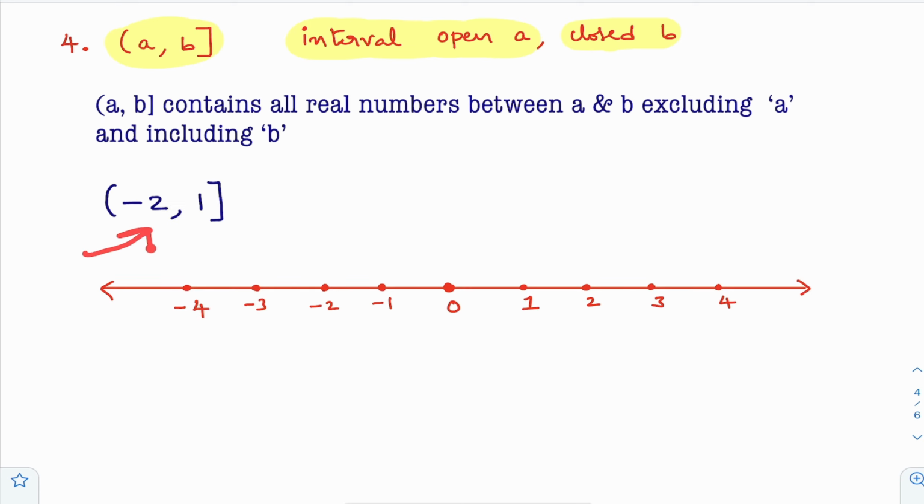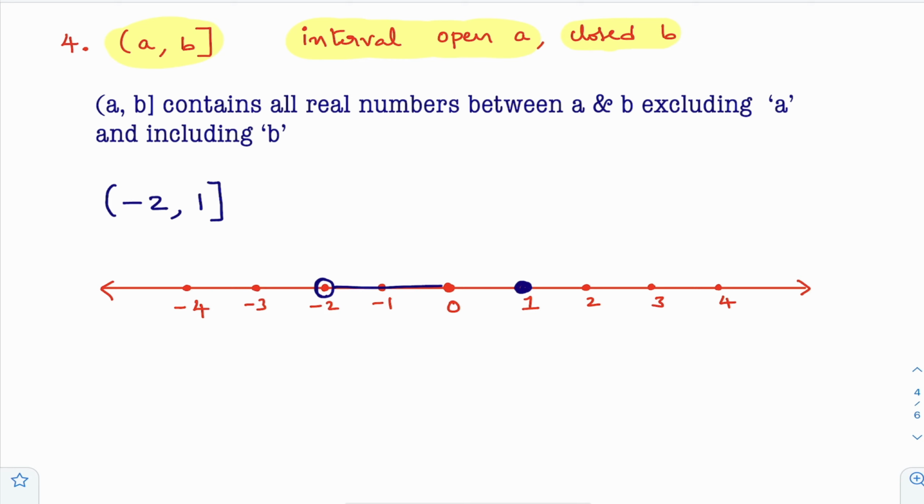You see this interval, how do you read it? Interval open -2, closed 1. You need to mark this on the number line. Open -2 means -2 is not included, so you draw one open circle like this. 1 is included. This is closed 1. At 1, you mark one dark circle.